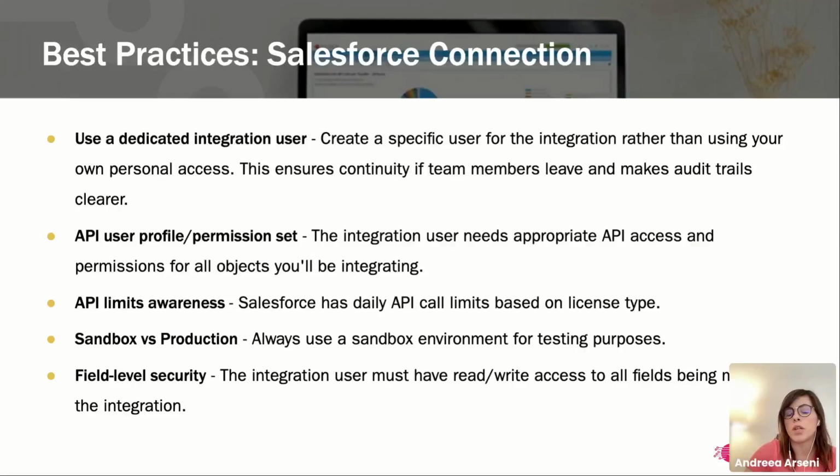A very important thing here is that you can always create a copy of your production environment. So within your production environment, you can create a sandbox instance. And that sandbox instance can be a full copy or a partial copy of your production environment. So that's the place where you would play around with data and test.